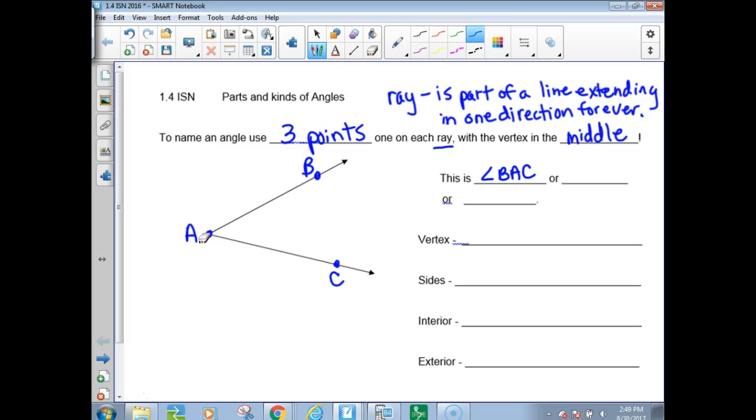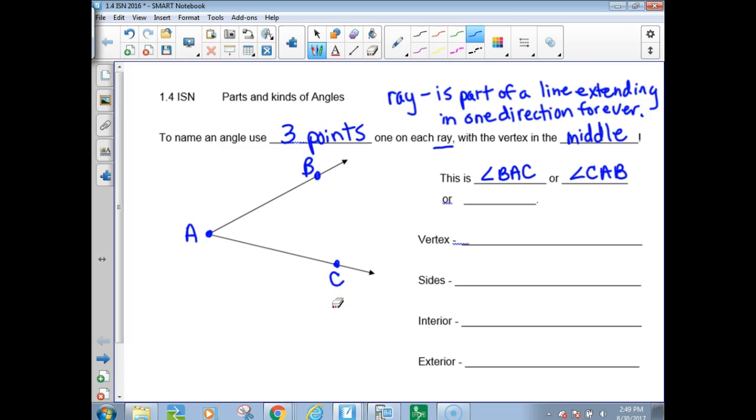What would be another okay way to name the same angle? Murphy? Okay, CAB. So angle CAB is another way. There is one more, and that is only because this angle is all by itself over here.